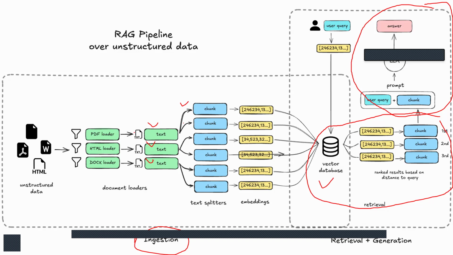If I create just one vector out of the entire text, what will happen? Every time it will be selected, right? I want only precise information. If I create a vector of a thousand lines of text or maybe 100 pages of text, what will happen?